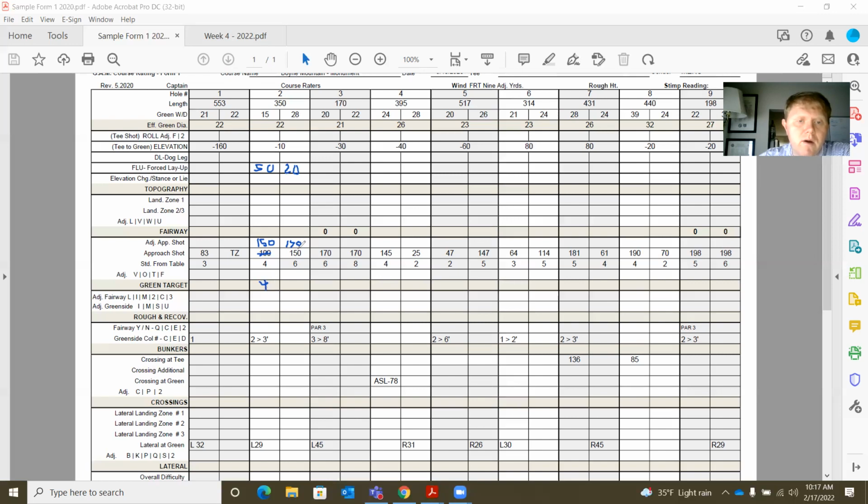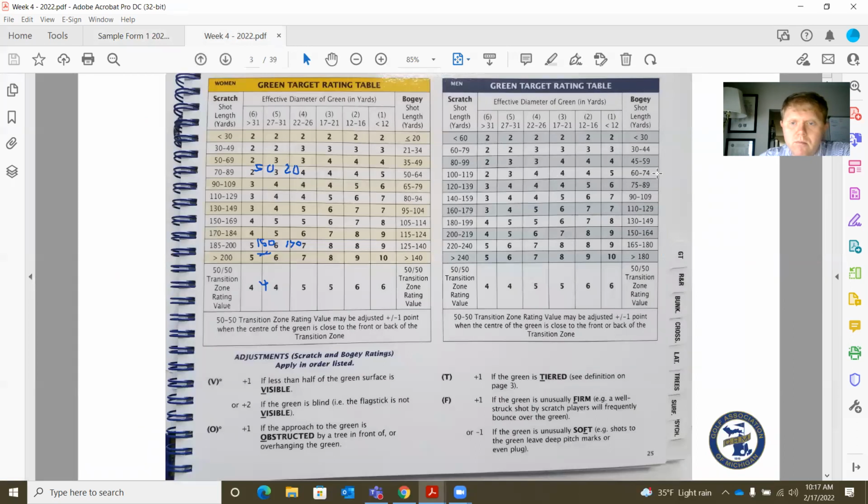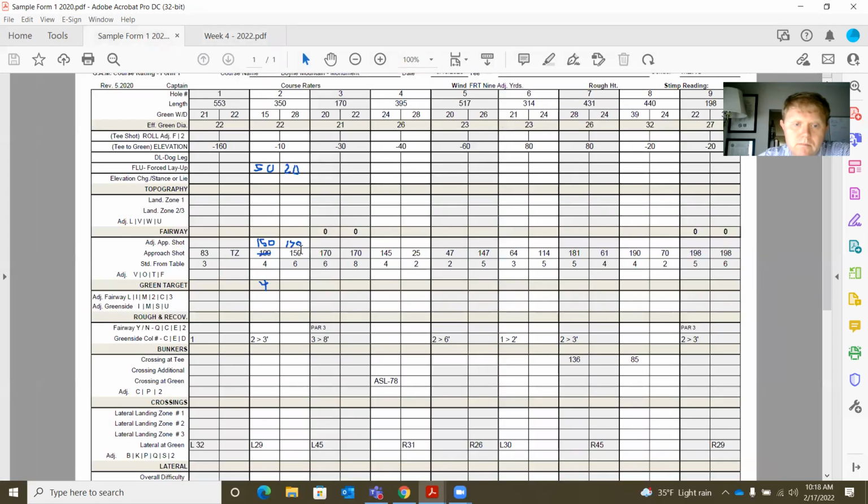Let's see if, for the bogey golfer, going up to 170 to a 22 changes things. So for the bogey golfer, 170, 165 to 185, changes it. It's going to be a 7 now. So we're going to have a 7 here instead of 6.